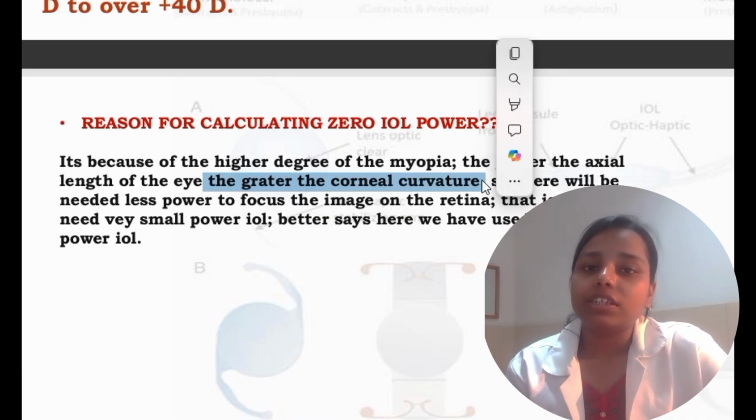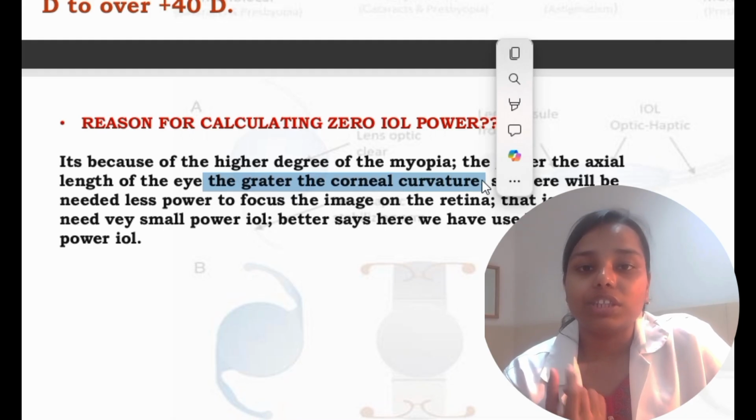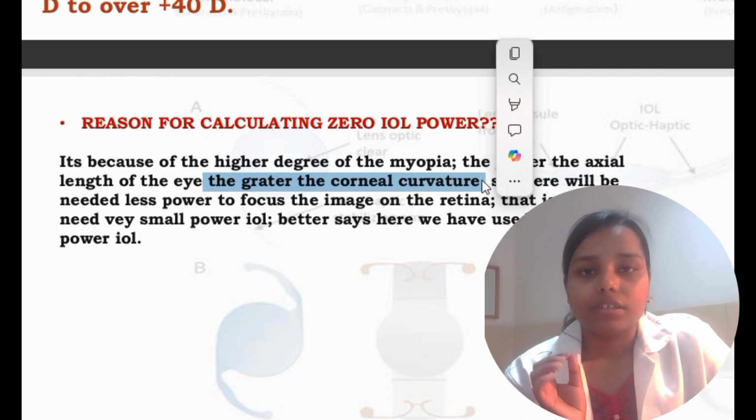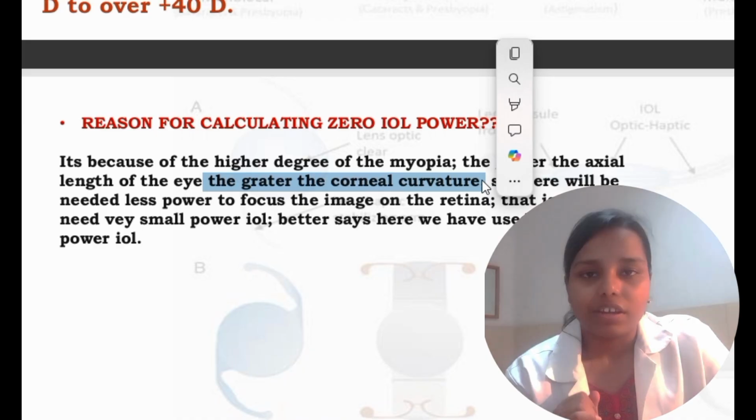In IOL 700, there is the Universal Barrett-Truke formula, right? According to that Barrett-Truke formula, the IOL power is coming 0, and with that the patient will be able to see all the things clearly, because the light rays will be focusing on the retina. So I think this concept is clear for all people.